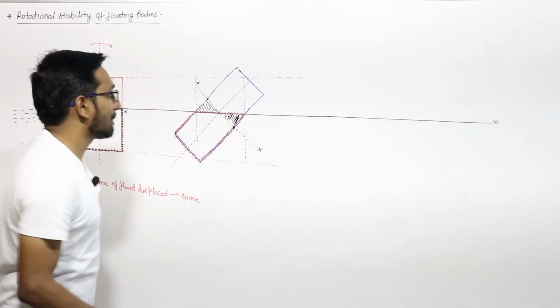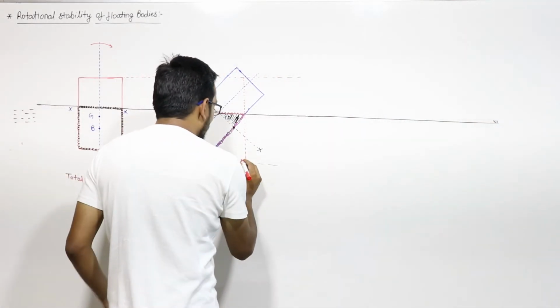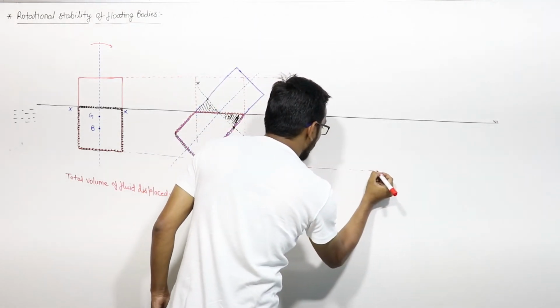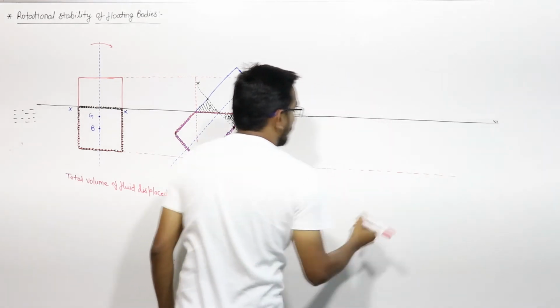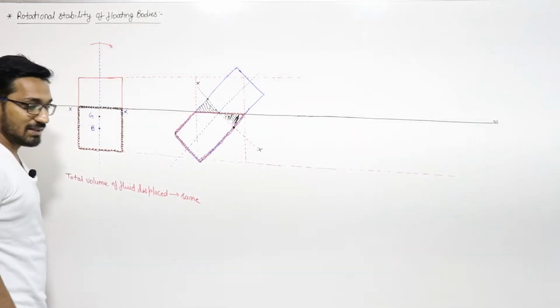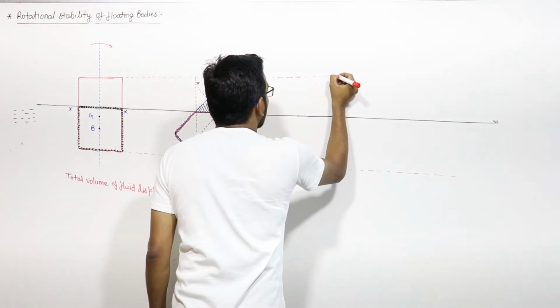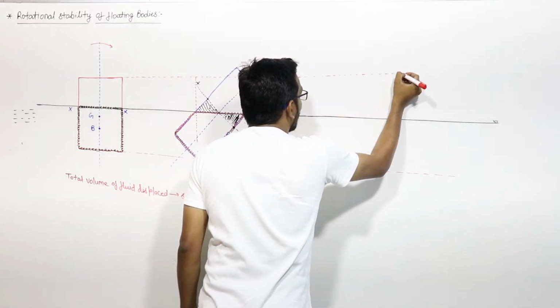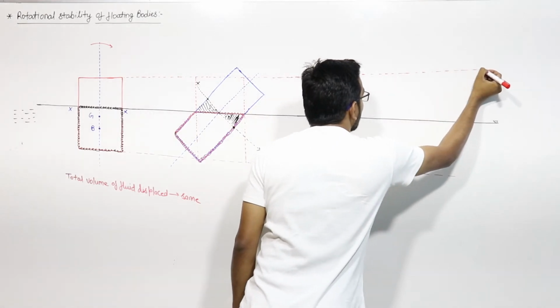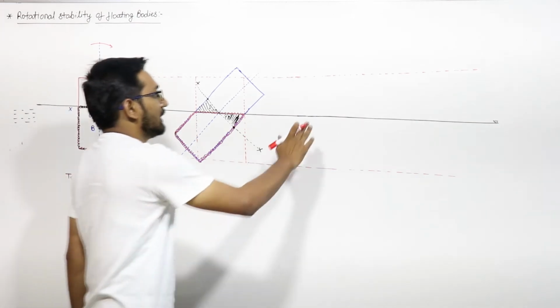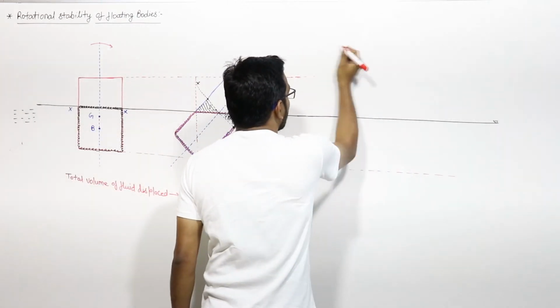This is the free surface. We'll make this diagram again. Now we have to see why there is a need of metacenter. I hope you understand the concept of why the center of buoyancy shifts in case of floating bodies.